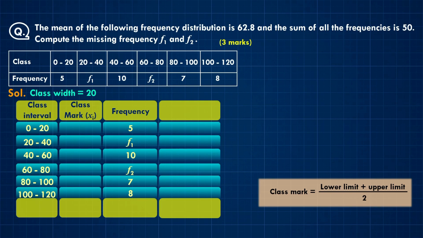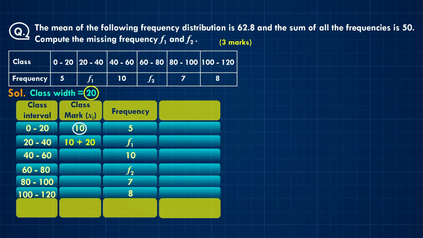That is the lower limit plus upper limit by 2. So that is 0 plus 20 by 2, which comes to 10. Then we keep on subsequently adding the class width, that is h. So we're just filling the values over here.